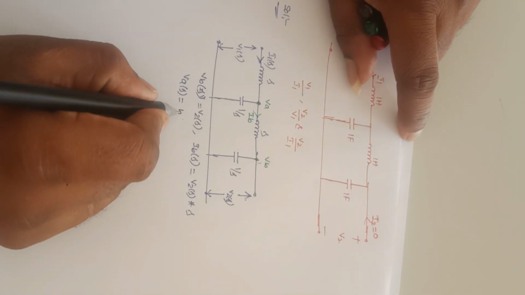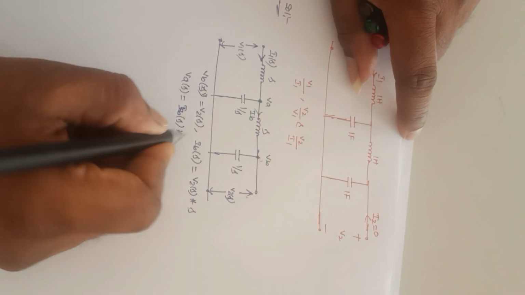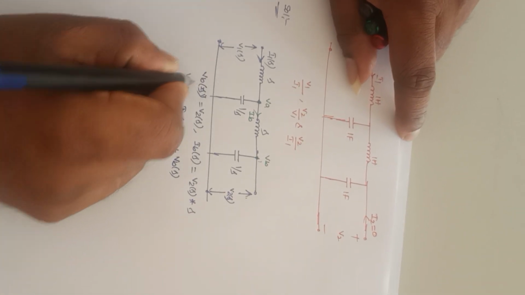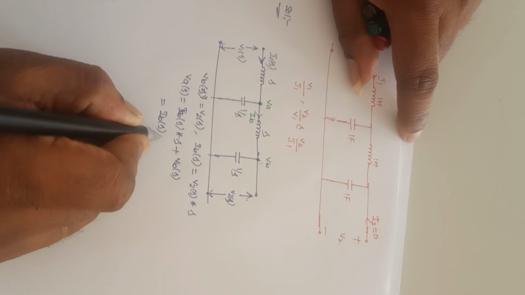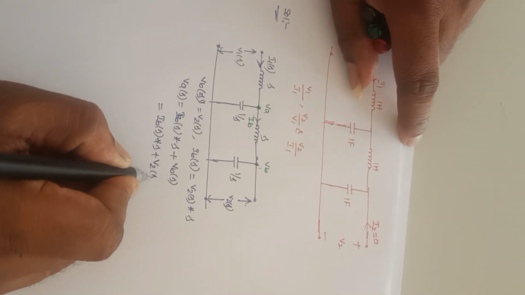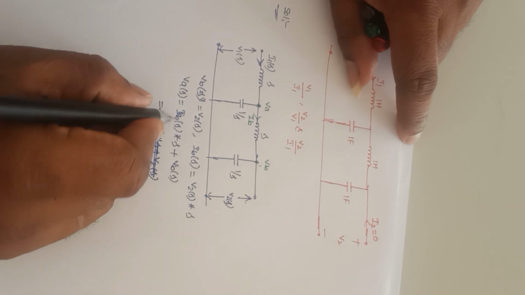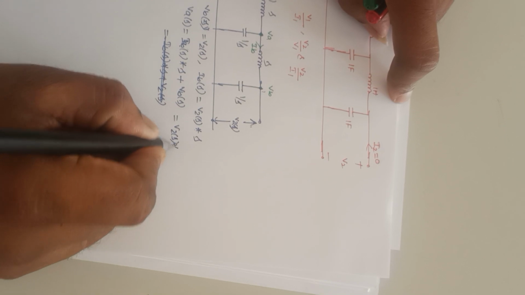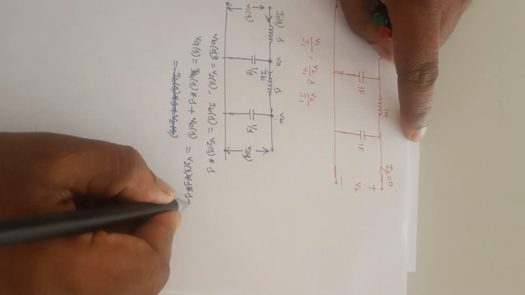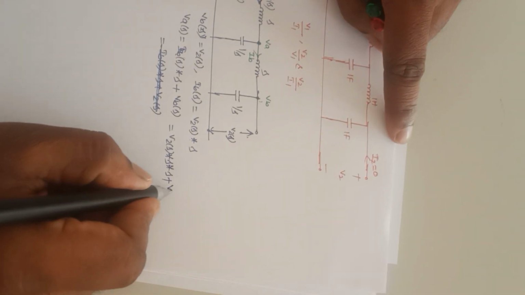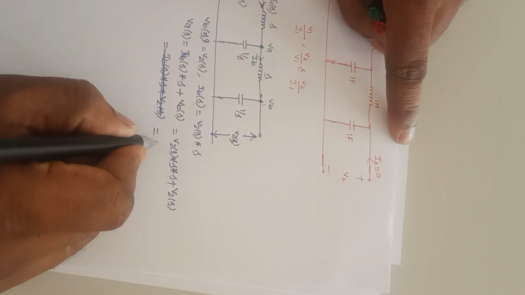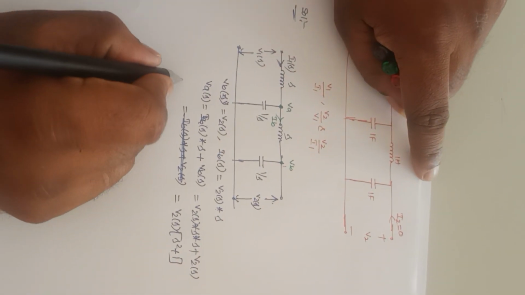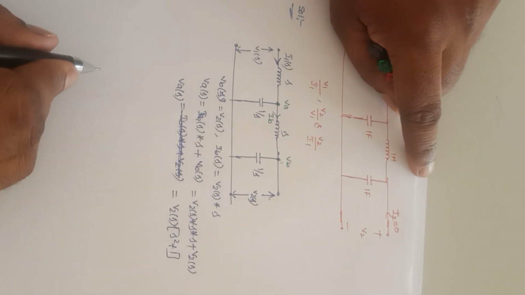This voltage is IB of S into S, plus VB of S. So IB of S is V2 of S into S, plus VB of S, which is V2 of S. If I take V2 of S as common here, it is S square plus 1. So this is VA of S.